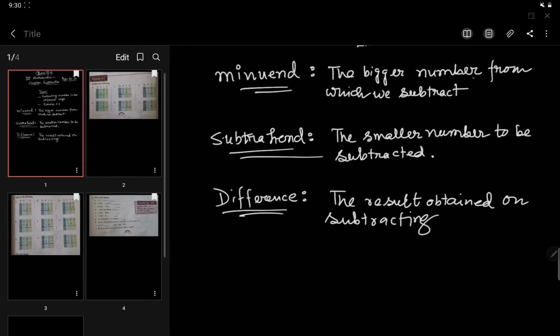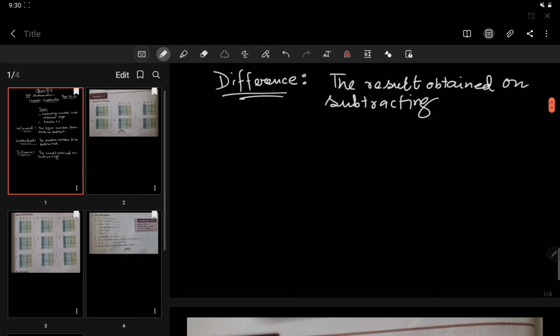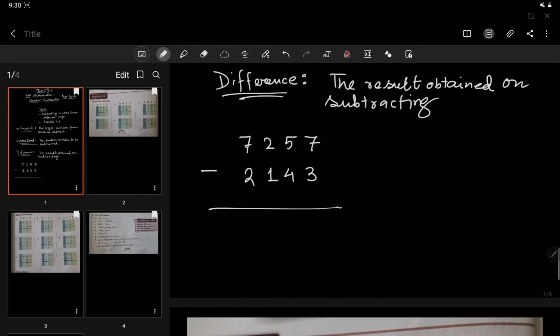Now let's start with an example. Suppose I'm giving an example. So this is our example. The first one is 7257 and the second one is 2143, and this is the minus sign.